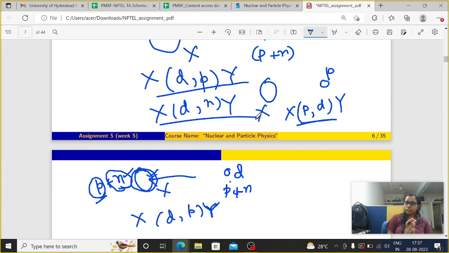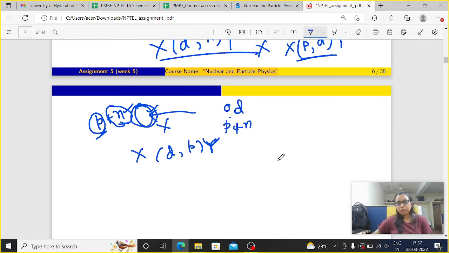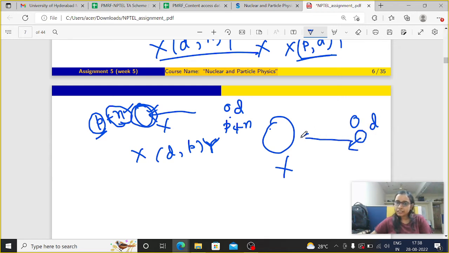For the second one, there may be one statement. What will the statement be? Part of the deuteron can interact with the nucleons of X, depending on the matter.